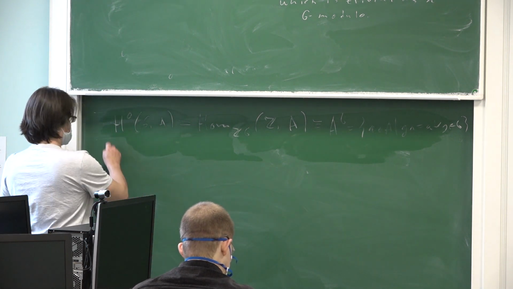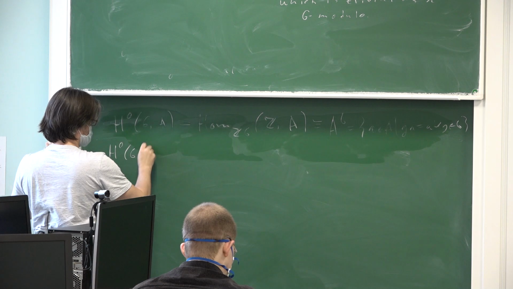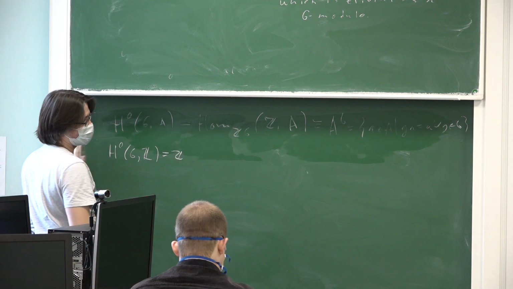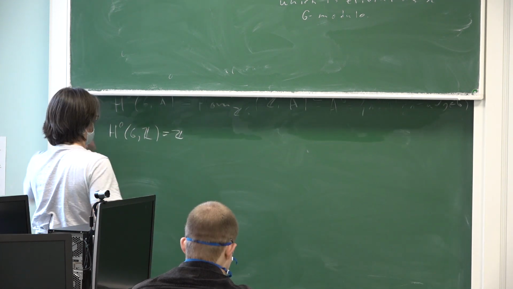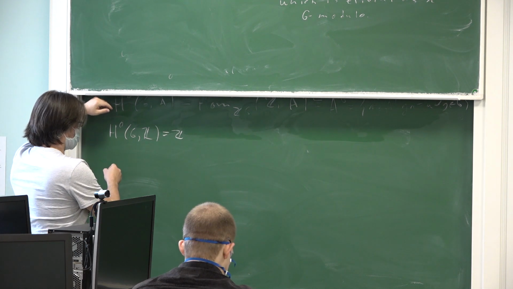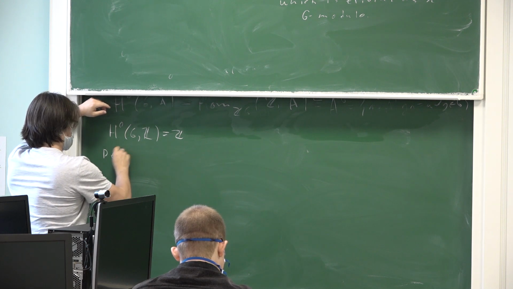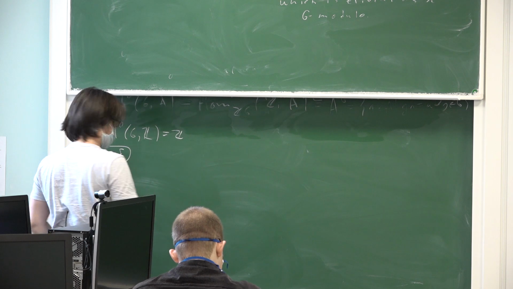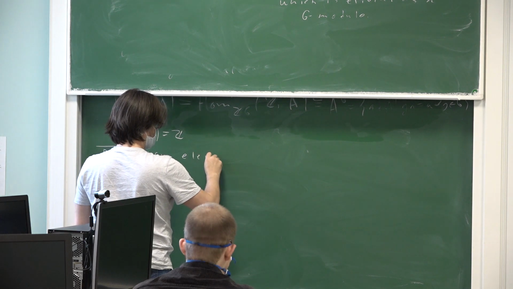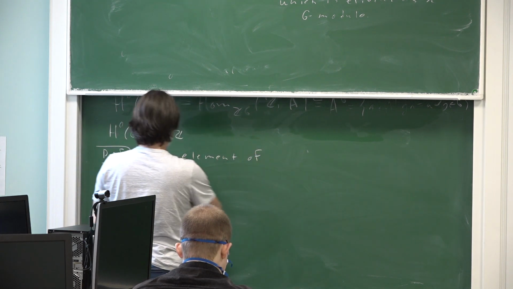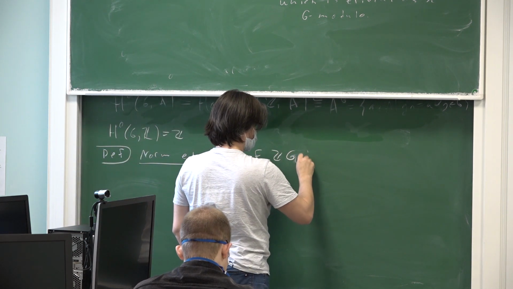And here you easily can see that H^0 of G, Z is Z, of course. And what about H^0 of G, ZG? So to talk about this, let us define one more object, the norm element of ZG.